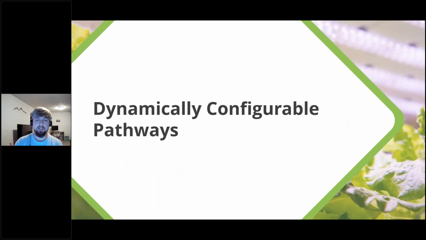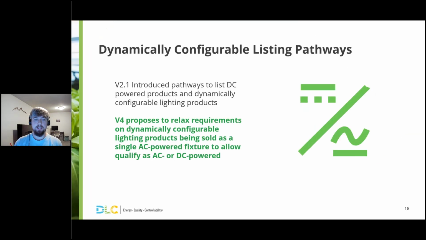With regards to dynamically configurable products and the pathway proposal that we're looking at for those, it's very similar to what I was just saying about lamps, but we've had a lot more uptake with regards to DC powered products and dynamically configurable products, which became eligible in version 2.1, and generally has created some issues for manufacturers who are looking to sell those products as an AC powered fixture and want to represent it on the QPL as how they're actually selling it.